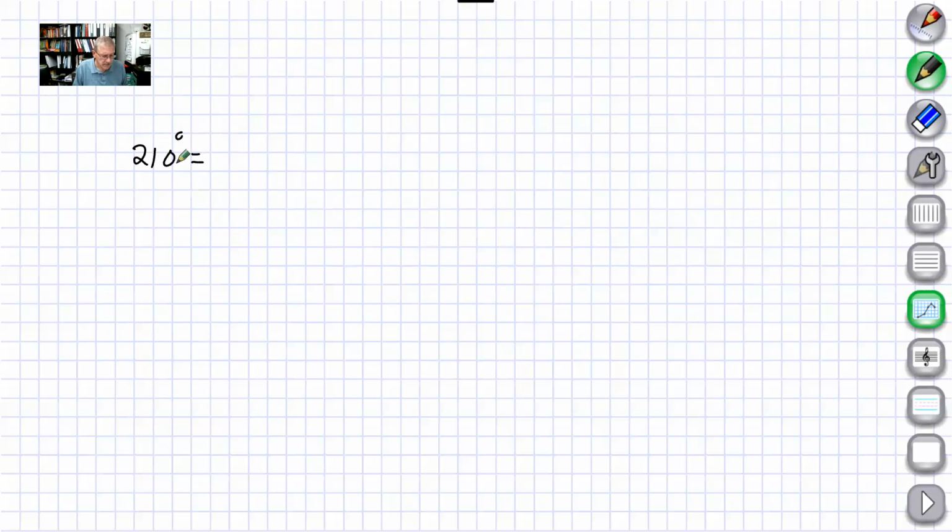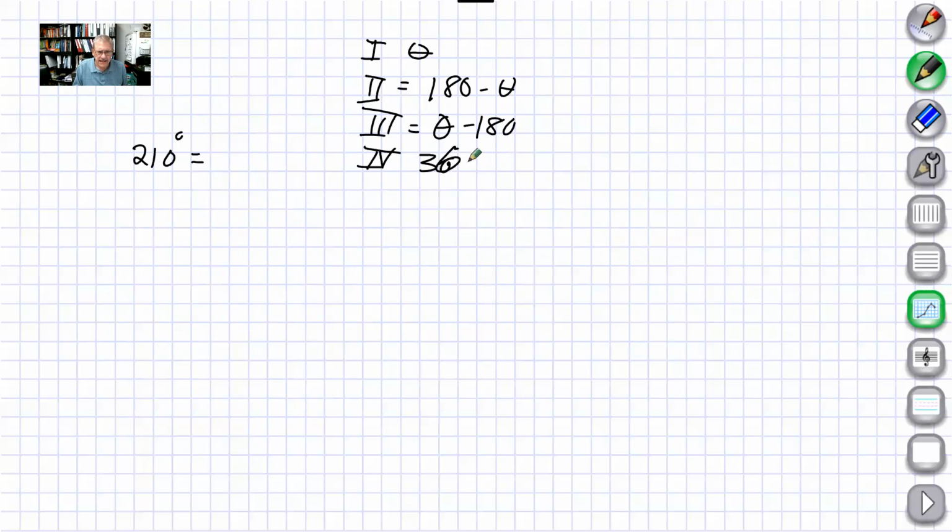In the first quadrant, nothing. Second quadrant, what was it? It was 180 minus alpha, or theta, either way. Third quadrant, theta minus 180. And fourth quadrant, 360 minus theta. You want to get these down.